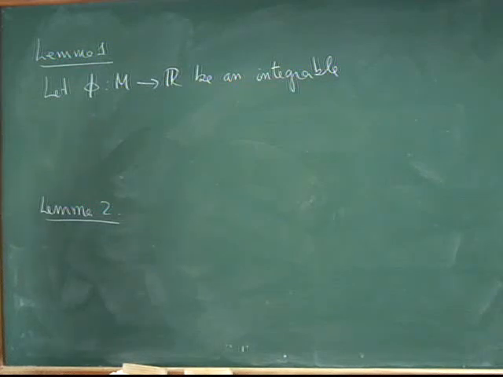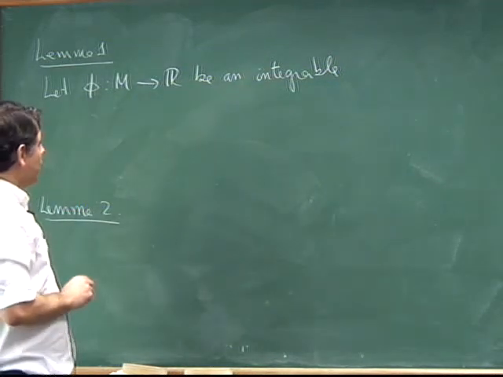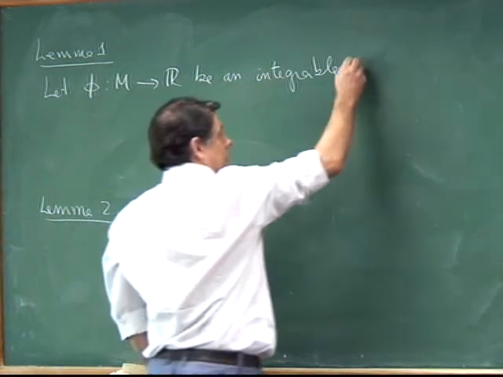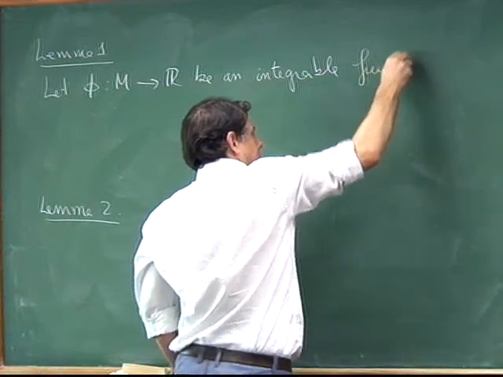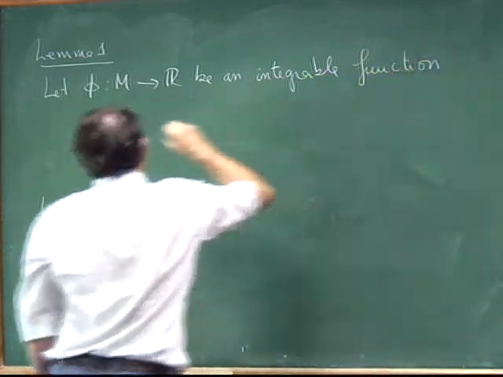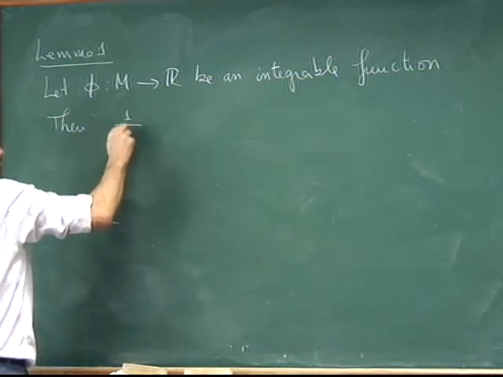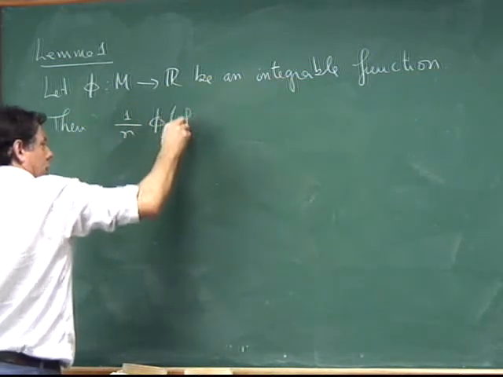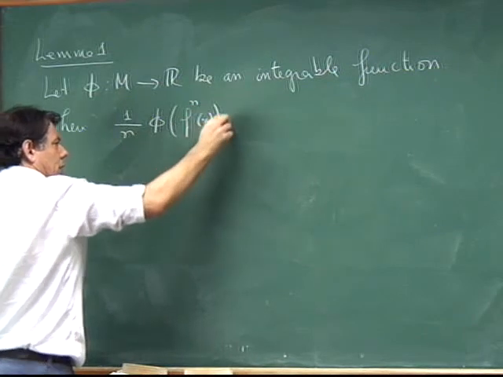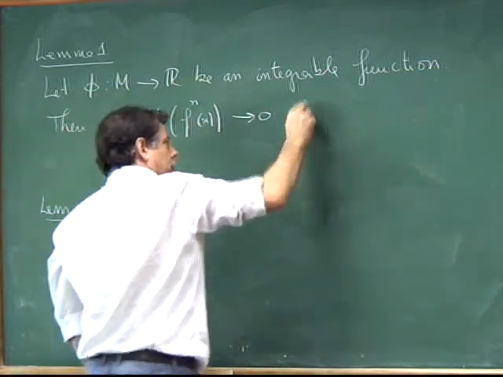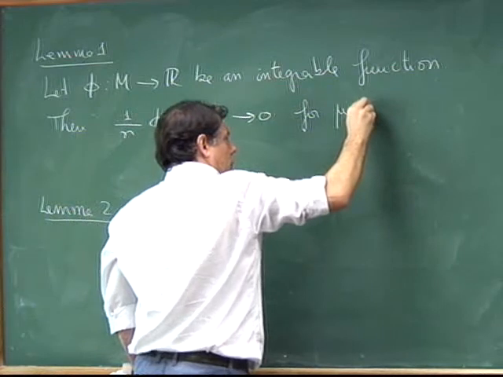I proved the lemma using the Birkhoff ergodic theorem, and I had promised I would not do that. So let me come clean with you. Lemma 1: Let phi be an integrable function. Then 1 over n phi f^n(x) goes to 0 for mu almost every x.